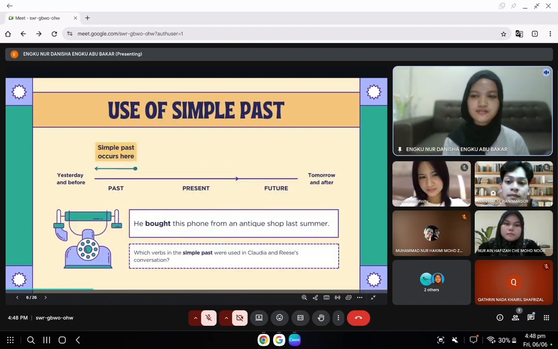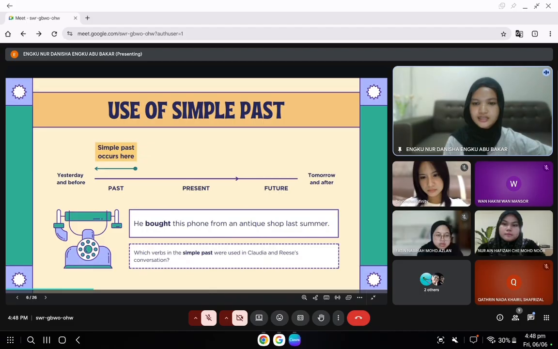The use of simple past. Since simple past tense is only used to describe things that already happened in the past and has not continued in the present, one example in a sentence form: he bought this phone from an antique shop last summer.